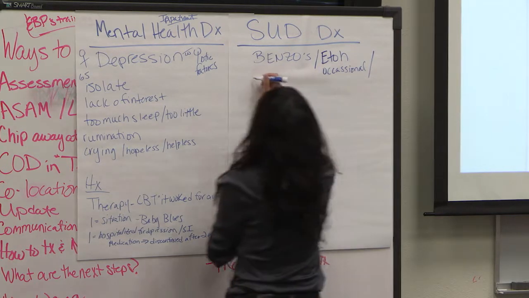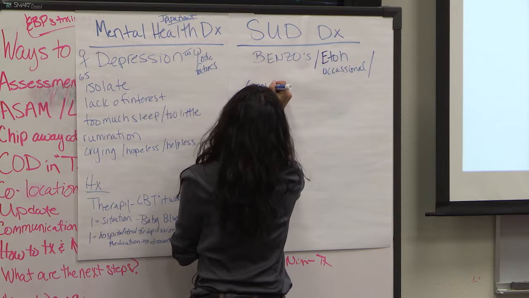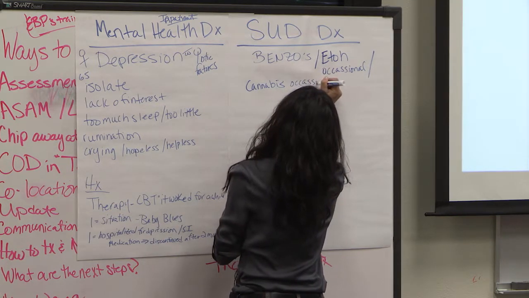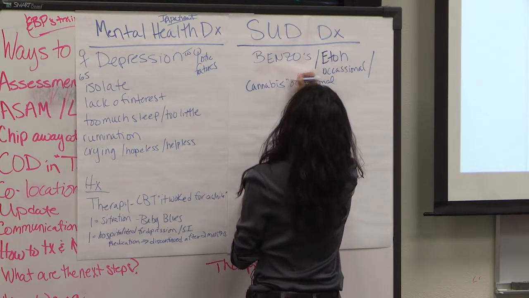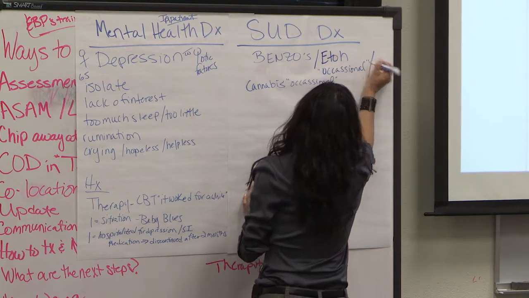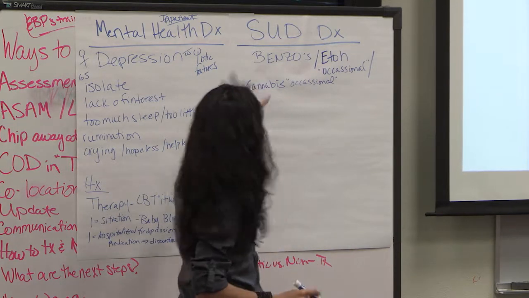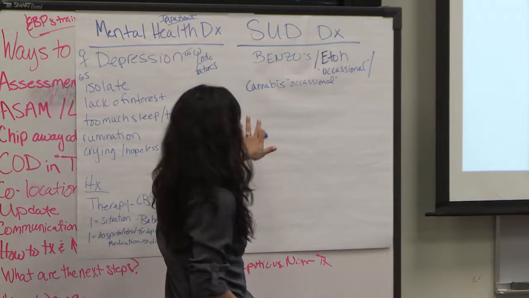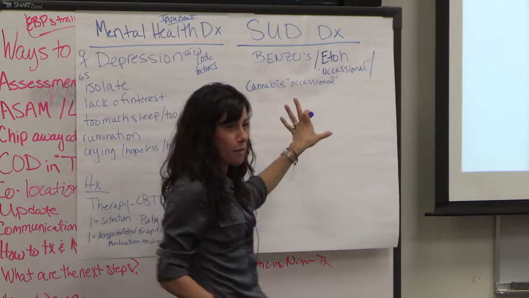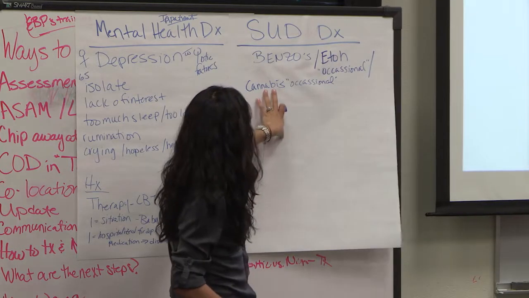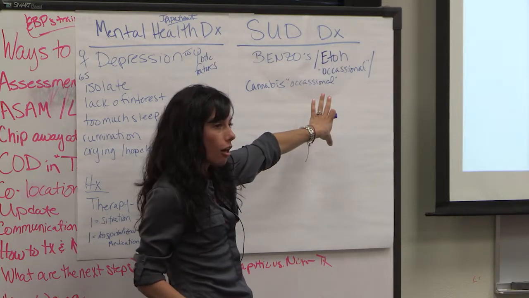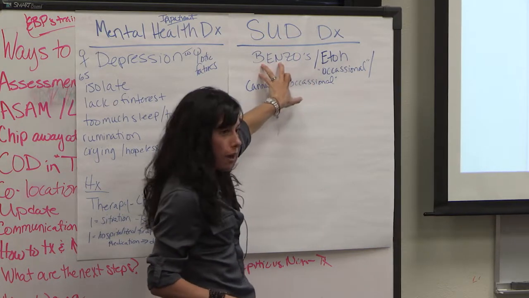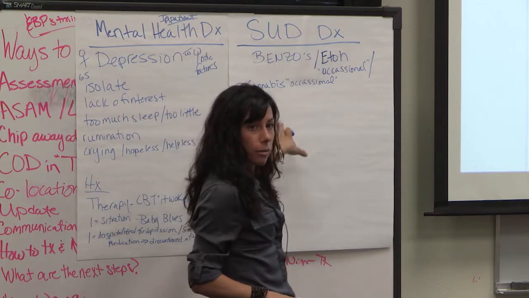And then maybe a little cannabis. This is a good laundry list. We don't have to conquer the world in this one demonstration. So benzos, occasional alcohol, occasional cannabis, particularly when her benzos run out and she needs to find a replacement.